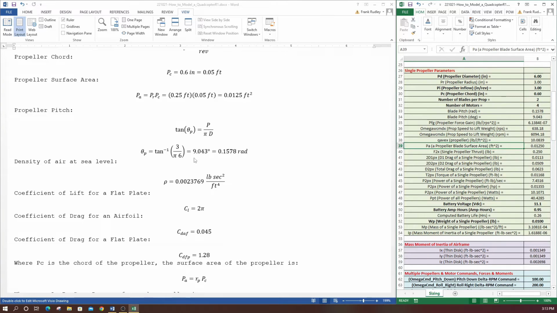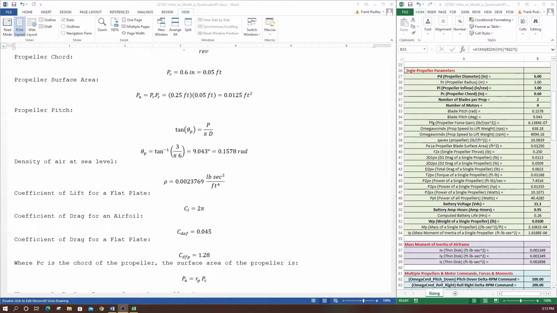From that, the average pitch of the blade is 9.043 degrees, or 0.1578 radians, and that's also computed over here. Here's our blade pitch in degrees, and this is it in radians. To get it, we take the inverse tangent of 3 over pi times 6. So we get our average pitch as 0.1578 radians for this blade.